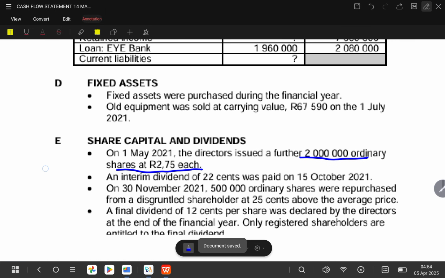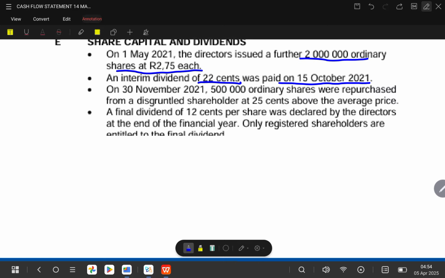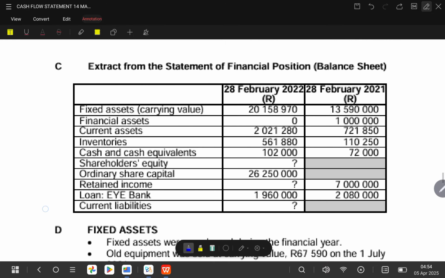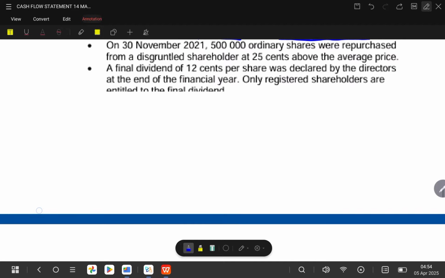Next, they're saying that an interim dividend of 22 cents per share was paid on 15 October 2021. The first thing that will make life easy for us is to draw that timeline that I normally talk about before we do anything. Remember, our year will normally start from March.